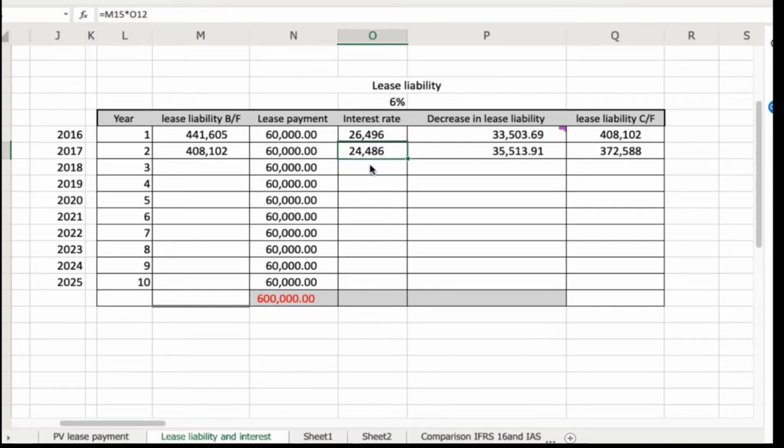So this always is one, and interest rate equal, with dollar signs, and 12.